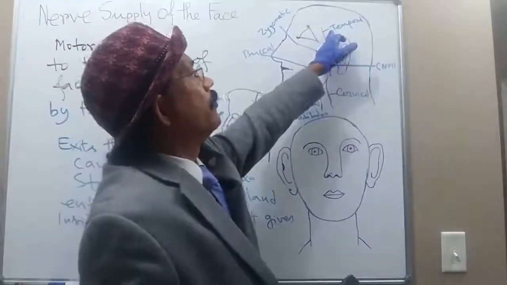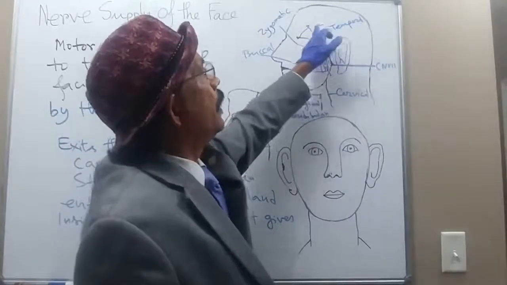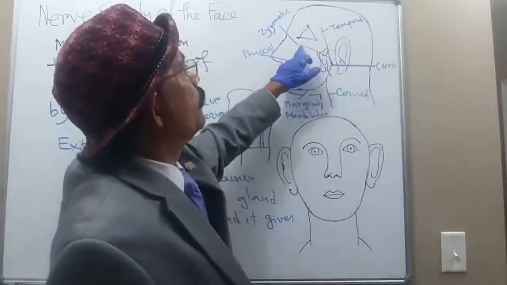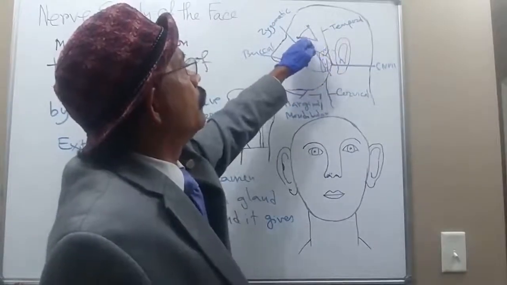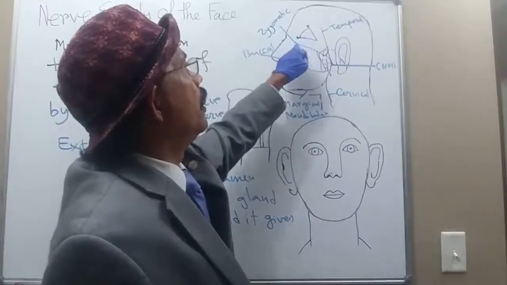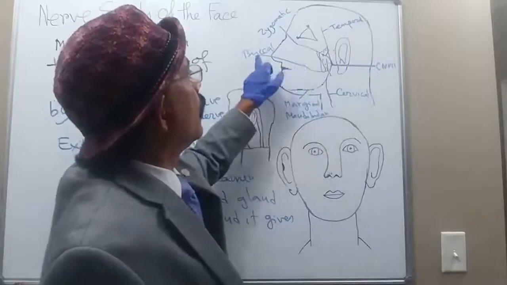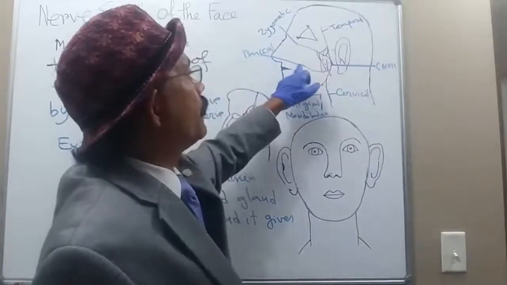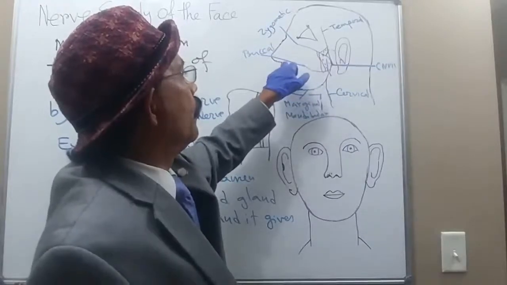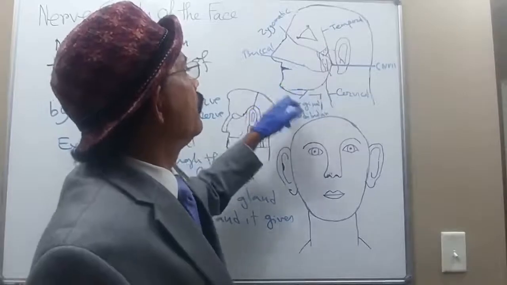The temporal branch usually supplies the frontalis muscle and the upper part of the orbicularis oculi muscle. The zygomatic branch supplies the lower part of the orbicularis oculi muscle and muscles around the zygomatic bone. The buccal branch supplies the buccinator muscle and other muscles over the upper lip, part of the orbicularis oris muscle.